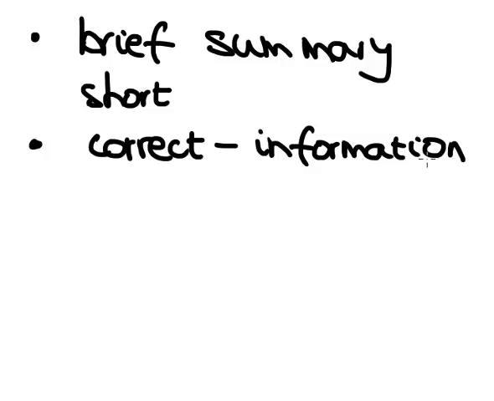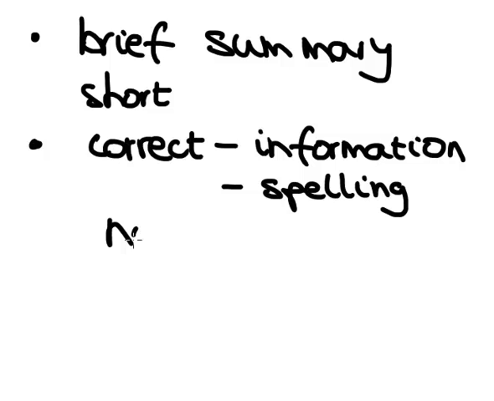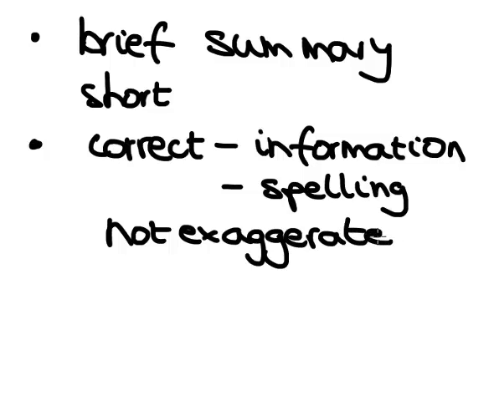You never lie or pretend. It also means basic things like spelling. You make such a bad impression if you can't spell in your CV. You must not exaggerate. It's not okay if you make yourself seem that little bit better than you actually were. That's not okay.